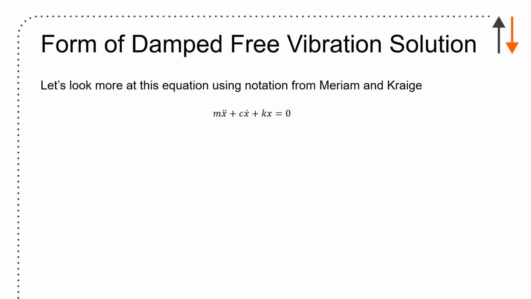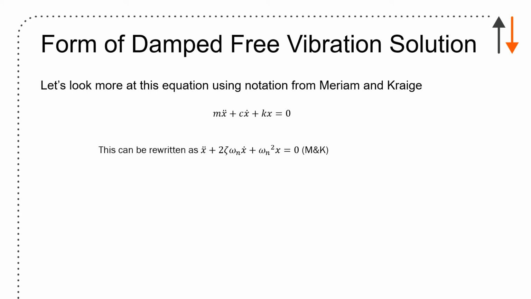It's kind of important to look at this using the notation of Meriam and Kraige, since that's the primary textbook in the course. So we have here m x double dot plus c x dot plus kx equals 0. And that can be written as x double dot plus 2 zeta omega n x dot plus omega n squared x, which equals 0.